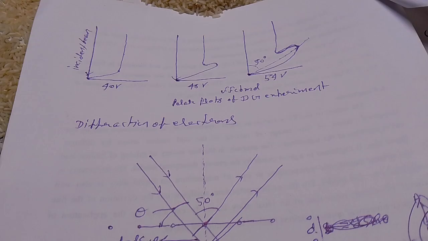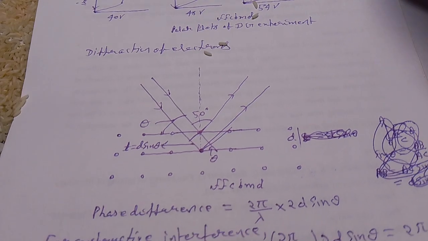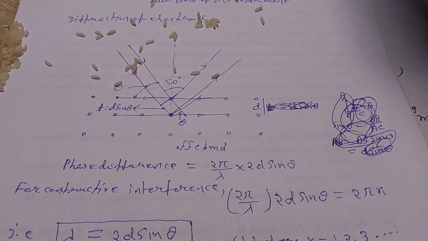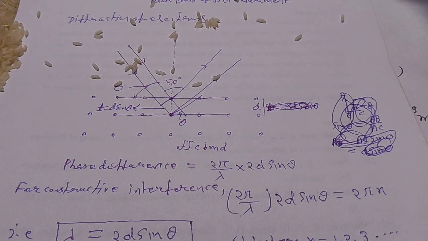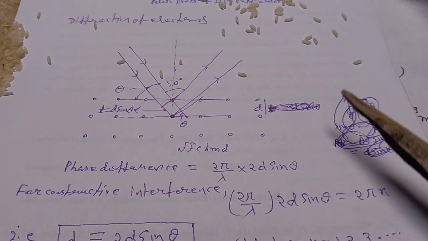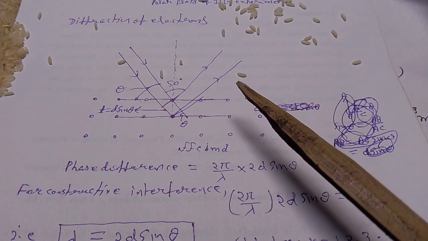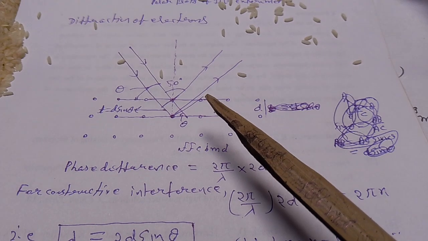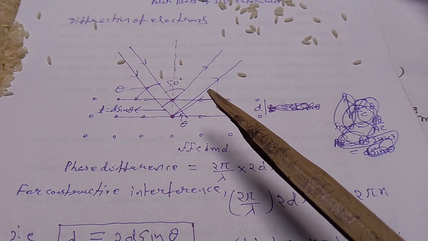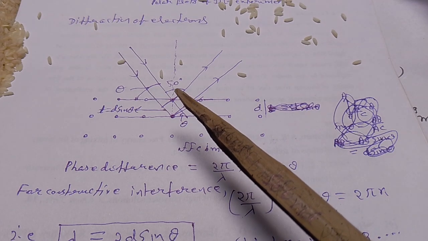And today's topic is diffraction of electrons using Bragg's analysis. Using the analysis developed for X-ray scattering and the angle of scattering at which the pronounced peaks were produced, they calculated the wavelength of electron waves.